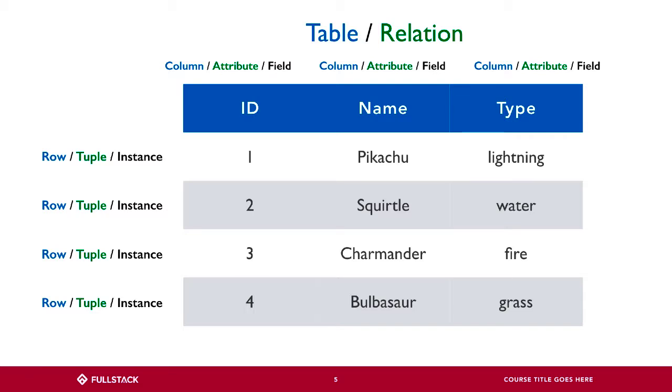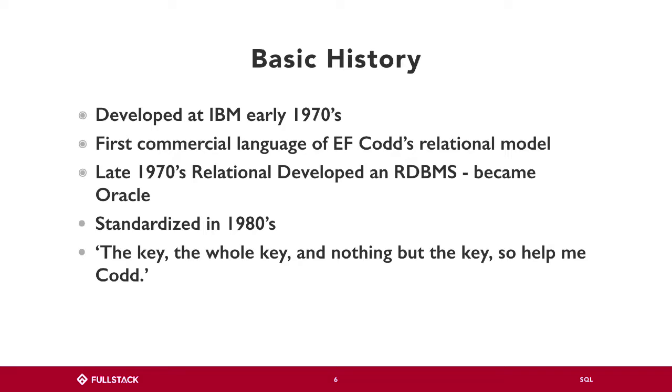So just a little bit of history in terms of where this stuff started. It starts at IBM in the early 1970s. SQL itself was sort of the first commercial language. The father of all this stuff is a guy by the name of E.F. Codd, who really invented the relational model, or how these things should work, without necessarily coding it.